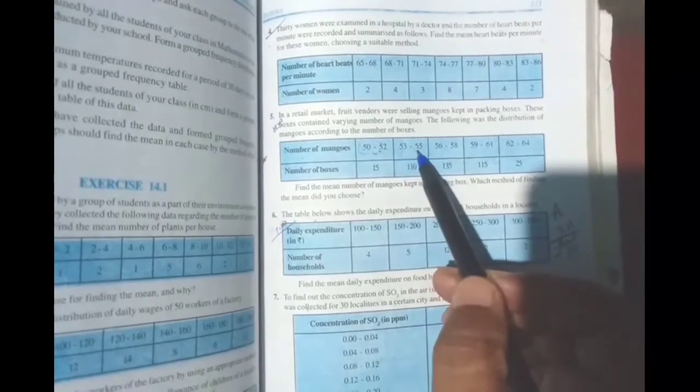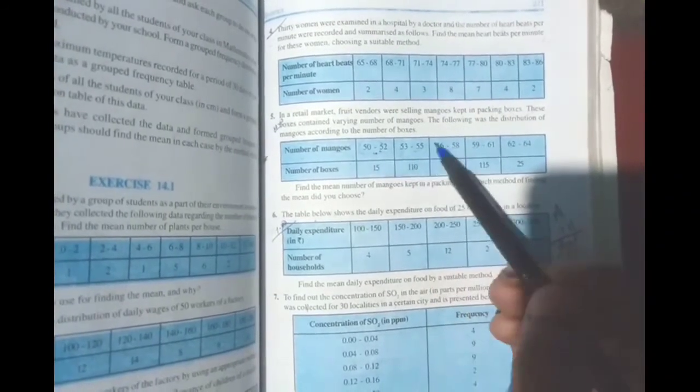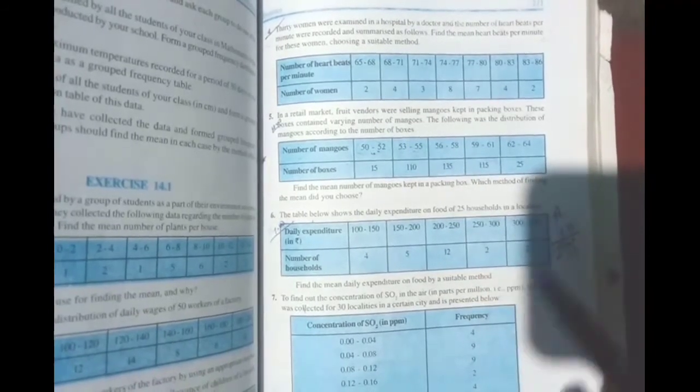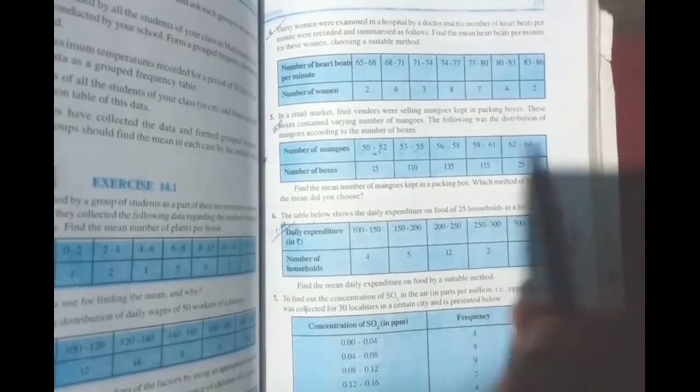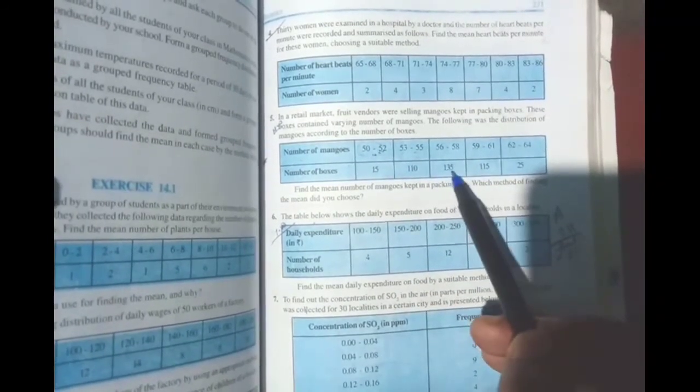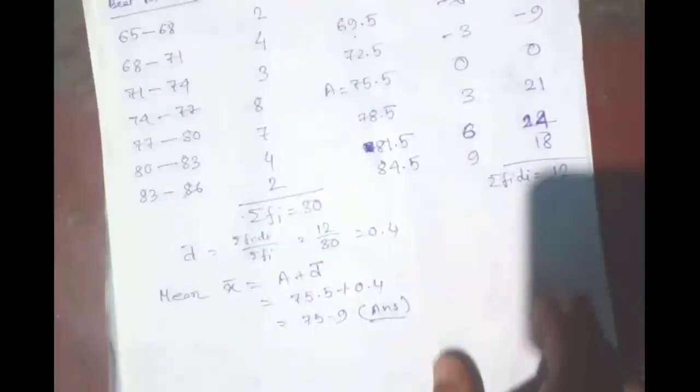So if I do the FIXI, then the calculation will be much lengthier. So we will apply the assumed mean method again. So here also I am applying the assumed mean method.